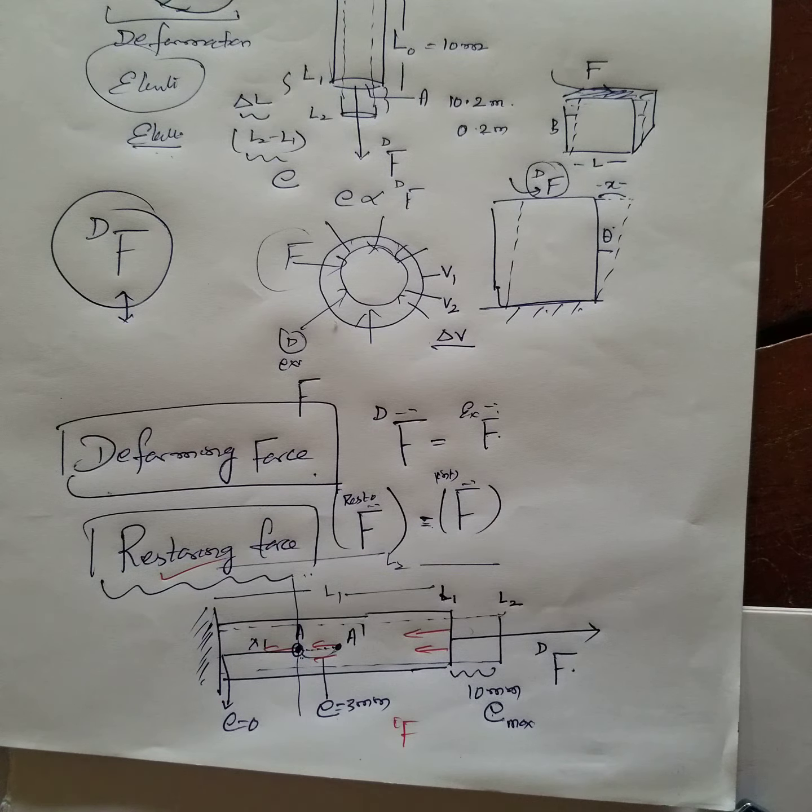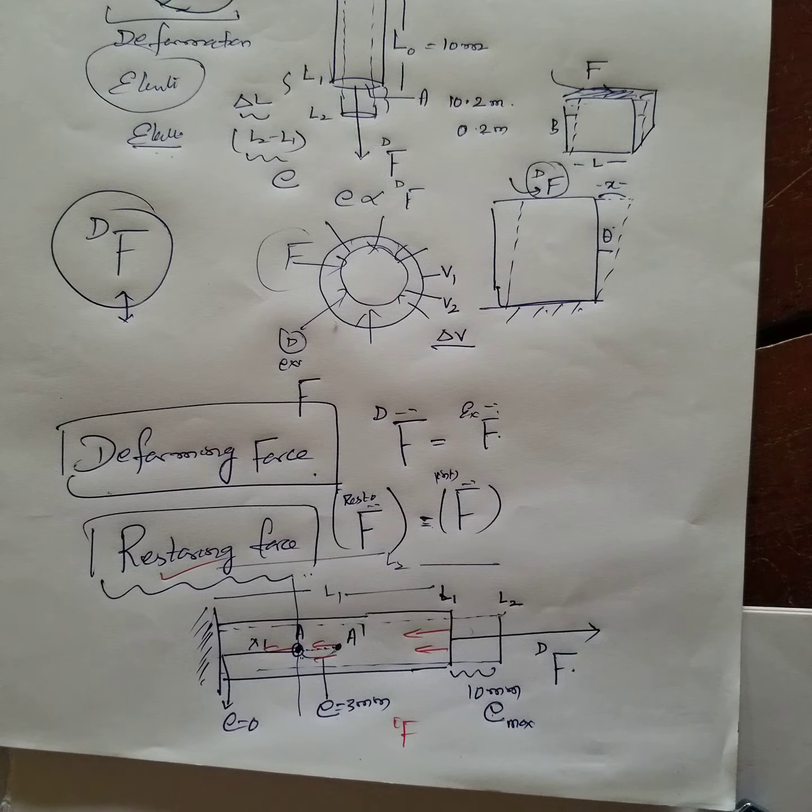Now, what is plastic? Another thing I want to tell is what is perfectly elastic and perfectly plastic. If a body exactly regains its original position, it is called perfectly elastic.